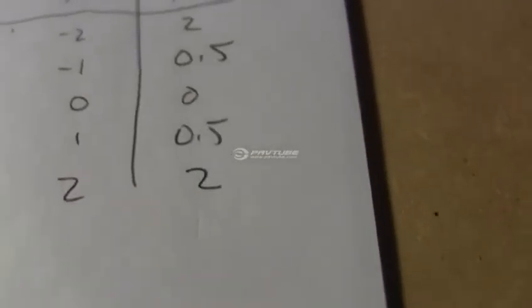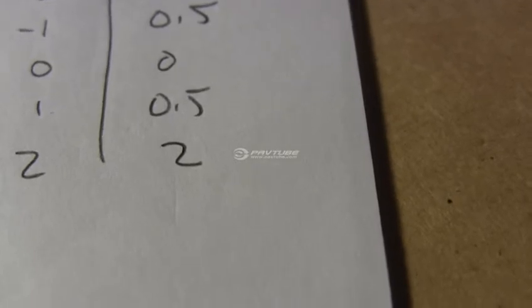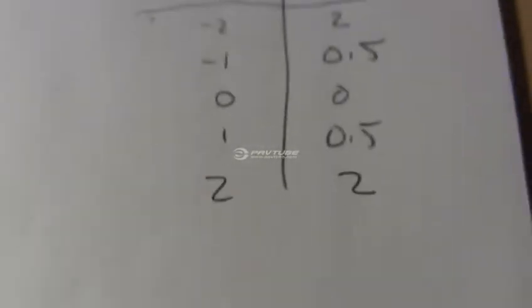So we got 0, 0 right there again. 1 is going to be 0.5. It's kind of getting crowded again. 0.5. I'll try to get it in there. And the same thing on the other side. -1 is 0.5, 2 is 2. Oh, sorry, you guys didn't even see that.